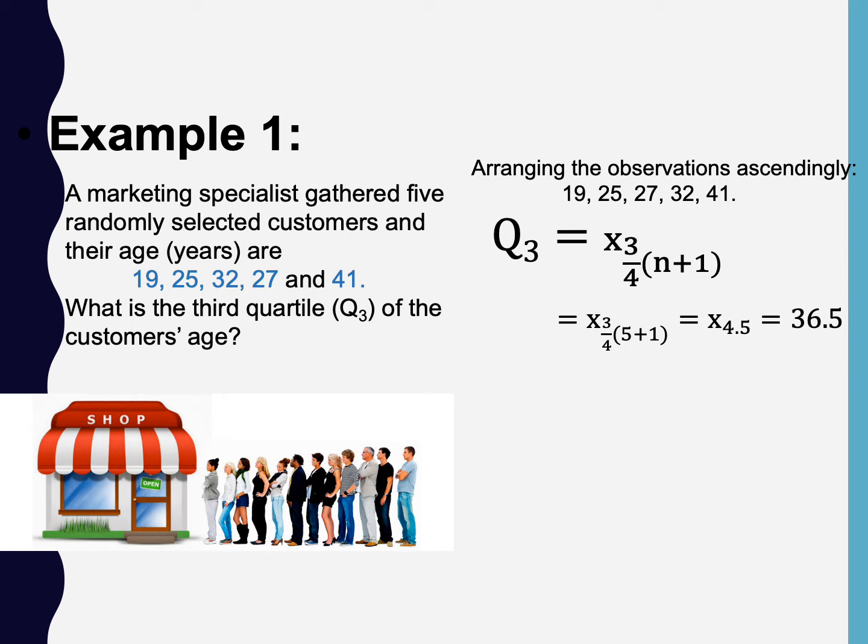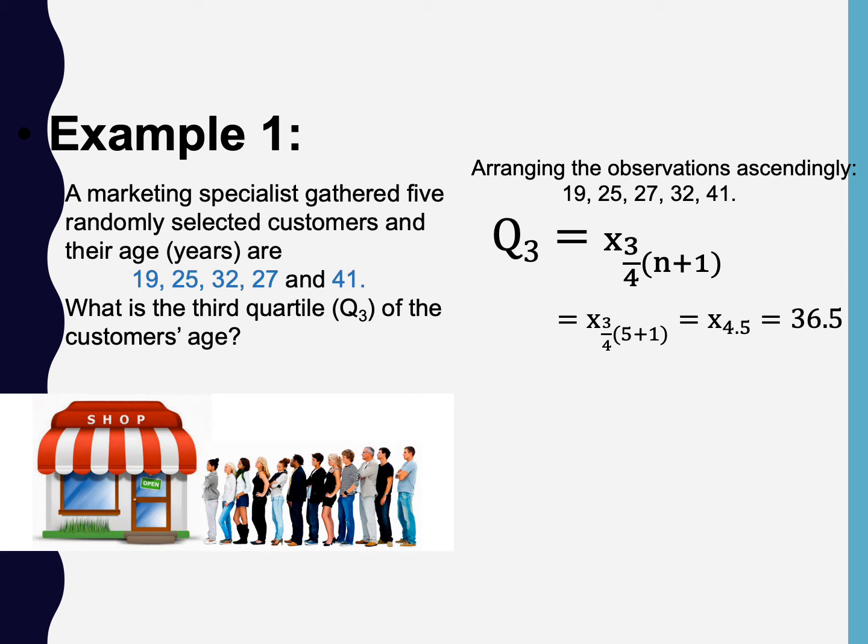So meaning, the third quartile is in between the fourth and the fifth value of observation. Your fourth position is 32, whereas the fifth position is 41. So getting the middle value between them is like getting the average. So you will get 36.5.